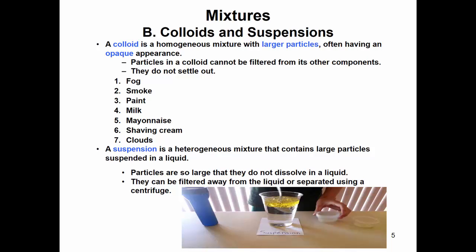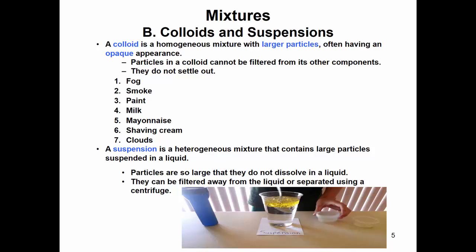Colloids have larger particles and they often have an opaque appearance. The best way that my students understand this is by being given examples. So examples of a colloid are fog, smoke, paint, milk, mayonnaise, shaving cream, but they don't separate. So the particles are kept together.